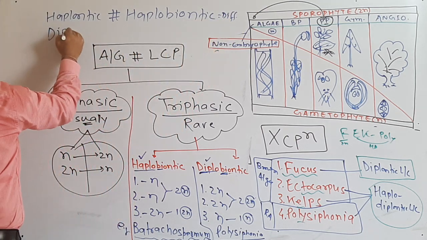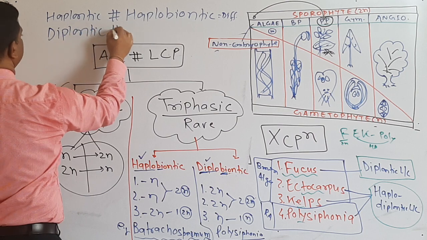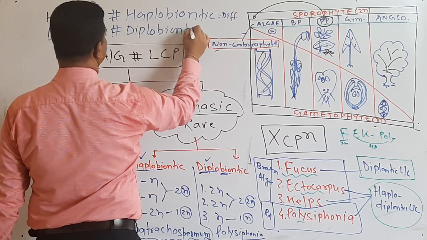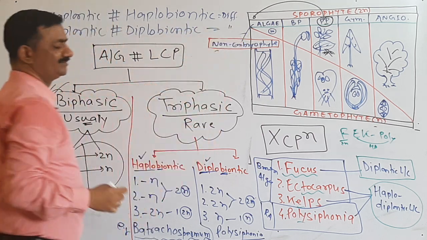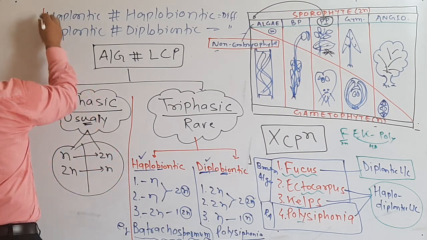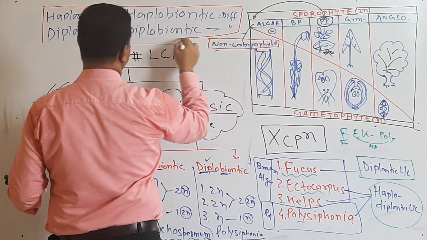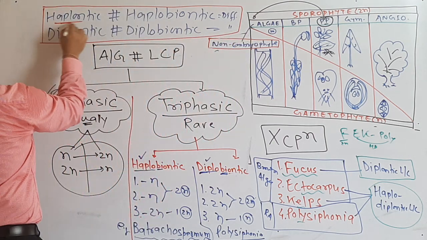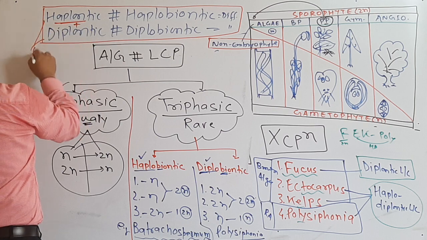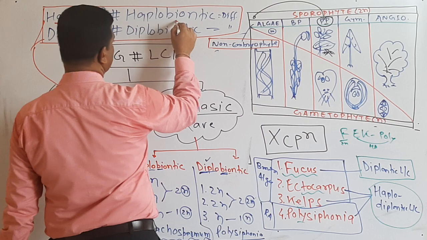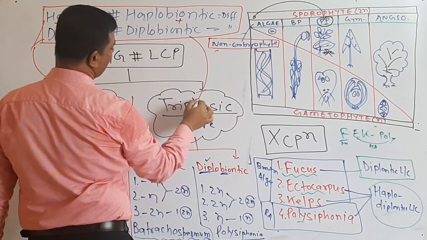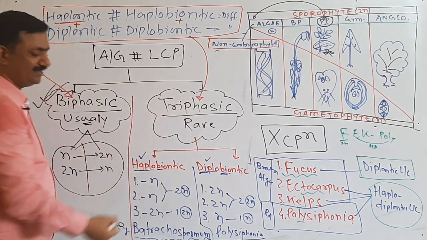Similarly, diplontic and diplobiontic, again these are different. In haplontic, the first phase is haploid, the second phase is diploid. These both are biphasic, but haplobiontic or diplobiontic are triphasic, as you mentioned here.